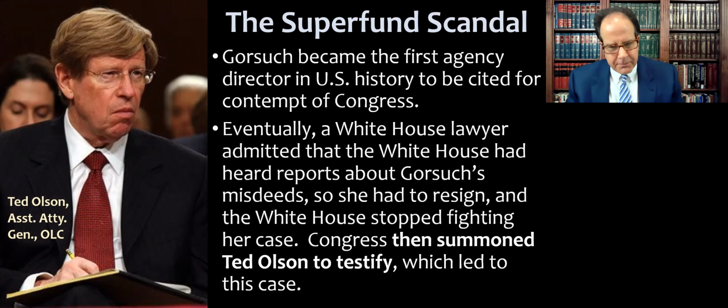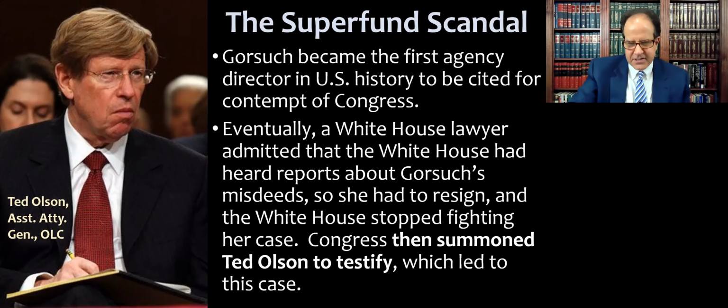Well, Congress was still mad, so they summoned Ted Olson. Ted Olson was an assistant attorney general, but he worked in the Office of Legal Counsel in the White House. He's also done some high-profile things since then. And that leads to this case.